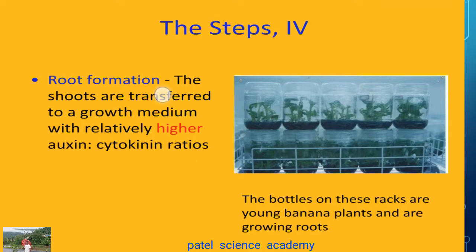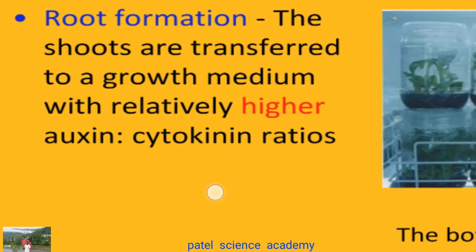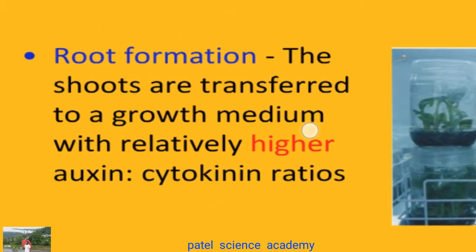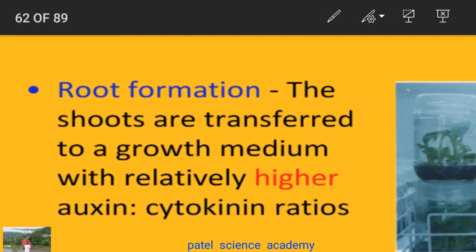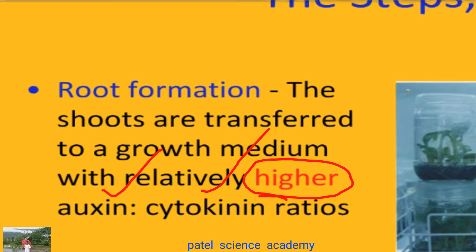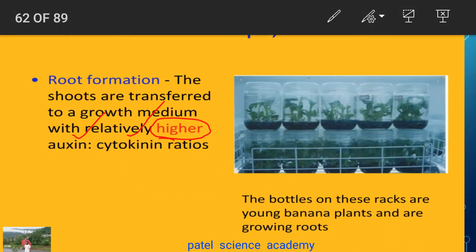Because the concentration now is relatively changed. What is the concentration now? You can see here the concentration now is a higher auxin to cytokinin ratio. So here auxin is more, that's why instead of the shoot system, root formation takes place and the root system is developing here. So this is that root system.